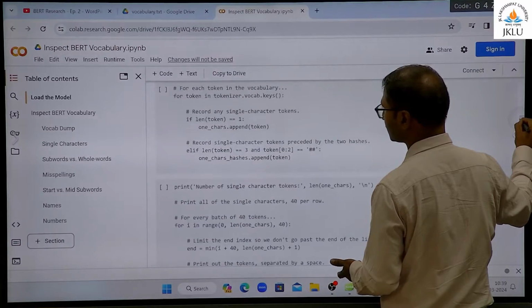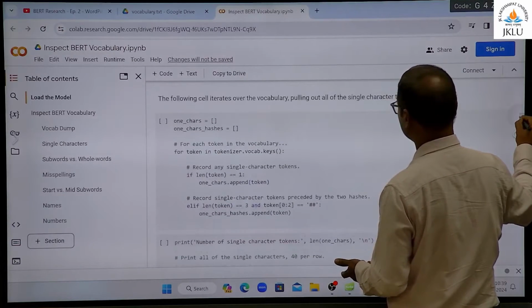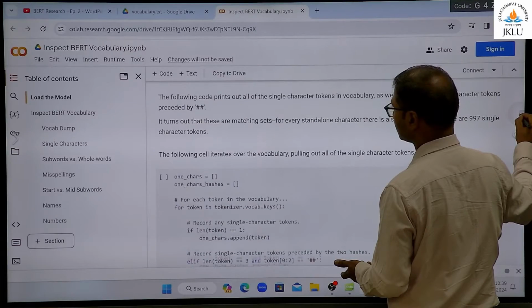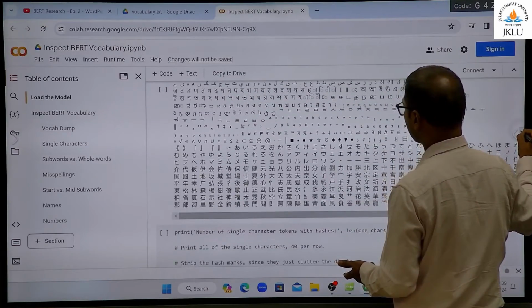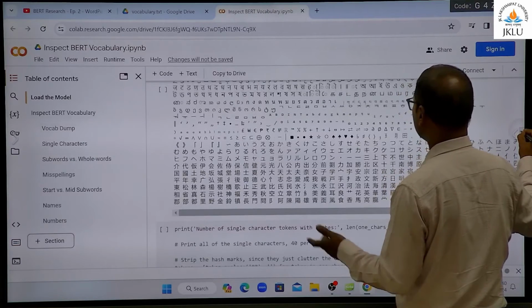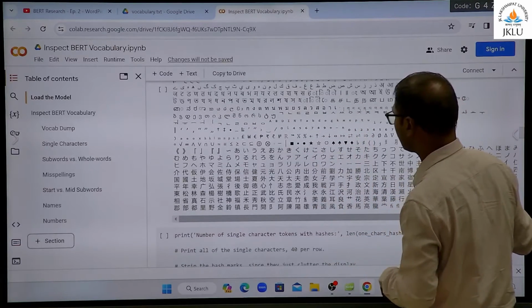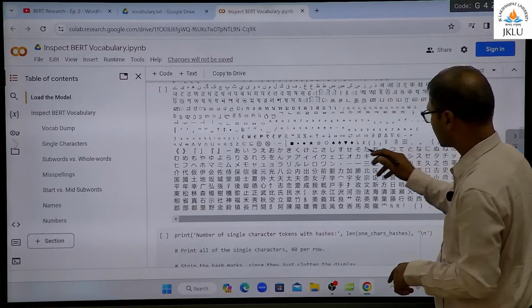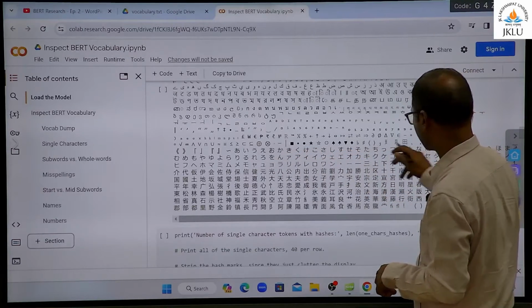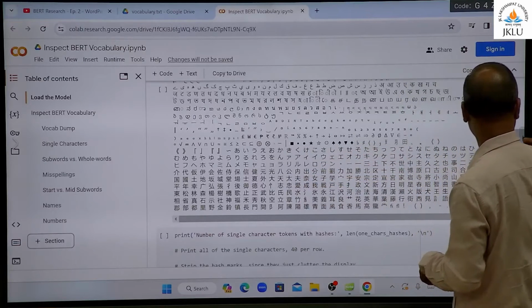Okay, so you have single characters, you have that rupee symbol as well. So this seems to be Korean and Japanese, this seems to be Mandarin.